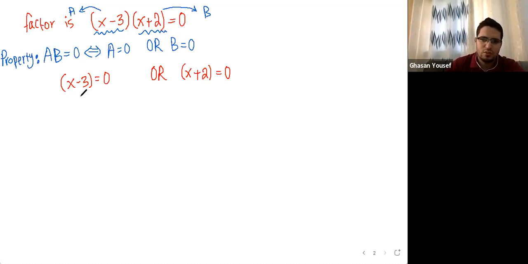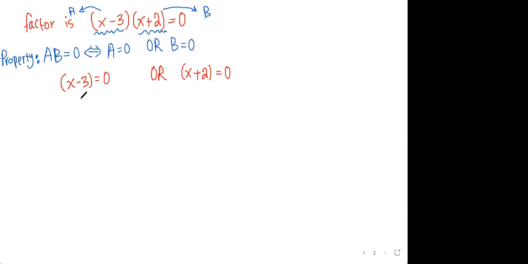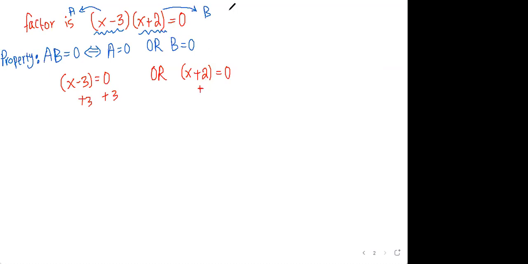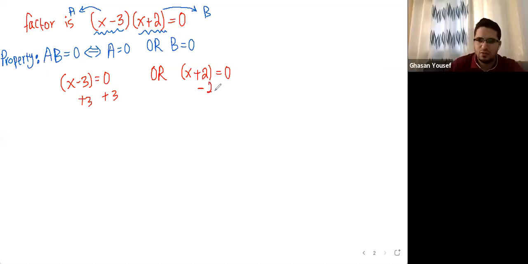Now what should I do to solve for x? Add 3 to both sides. Exactly, add 3 to both sides. And what should I do here? Subtract 2 from both sides. Yes, subtract 2 from both sides. Here they cancel out. I get x equals positive 3 or x equals -2.